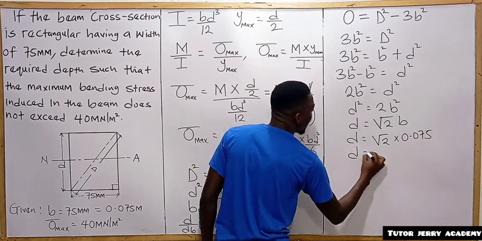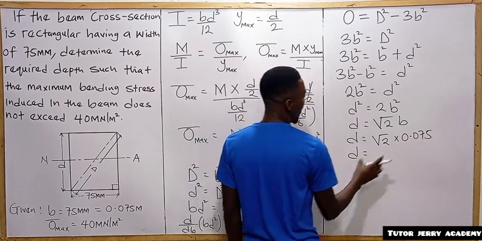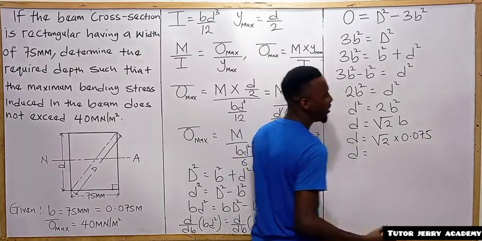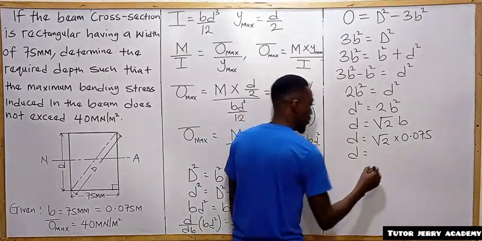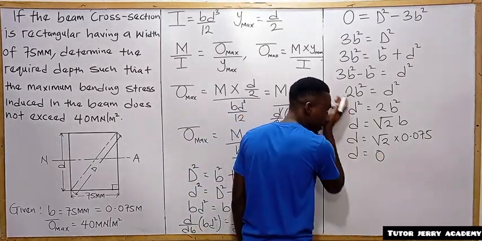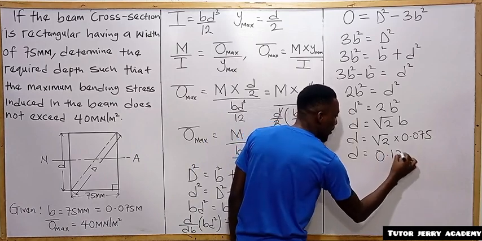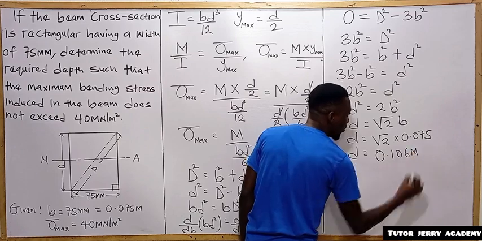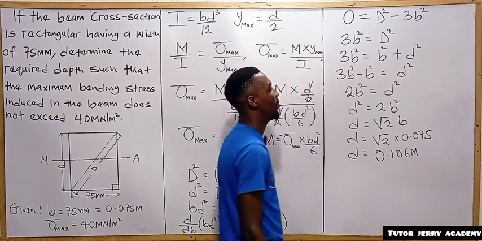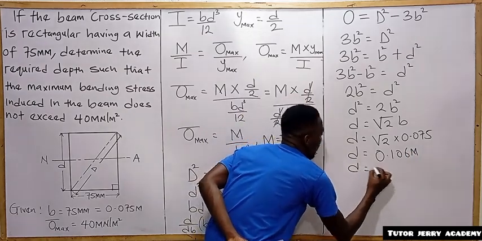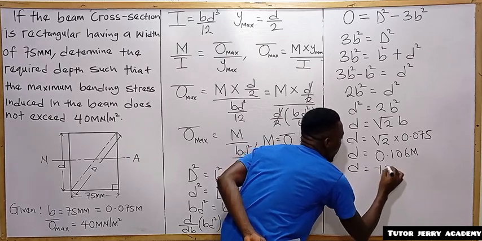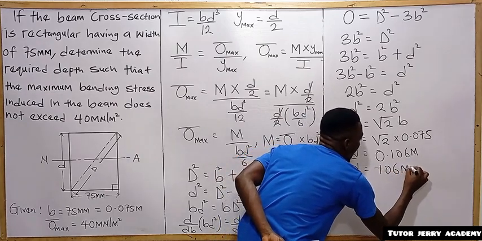If you press this in your calculator directly, you are going to have 0.106 meter. And if you multiply by 1000, you are going to have your depth equal to 106 mm.